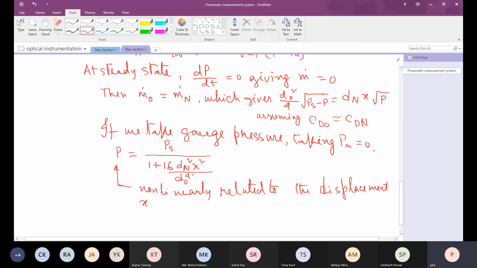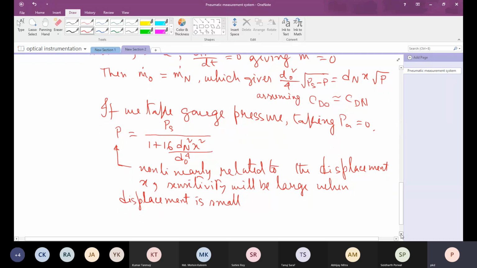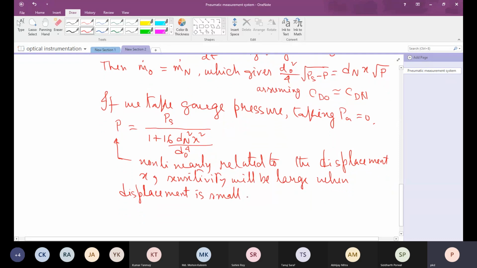So the sensitivity when x is small, because it has x square in the denominator, will be large when displacement is small. So therefore, this can be a pneumatic displacement sensor.